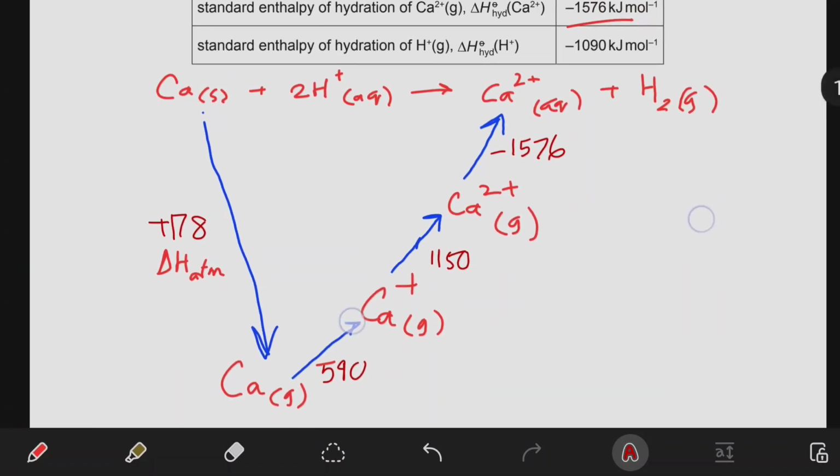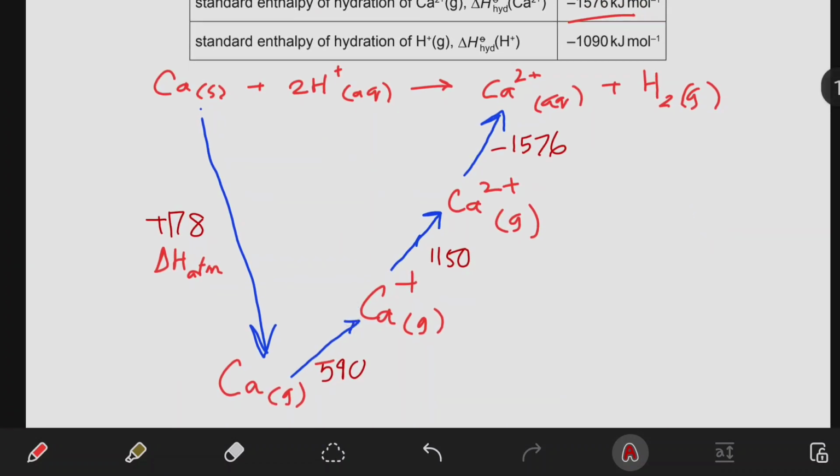Now let's look at our hydrogen. How do we convert hydrogen from this to this? Okay, so for that, firstly we need to break the bond between these two hydrogen atoms.